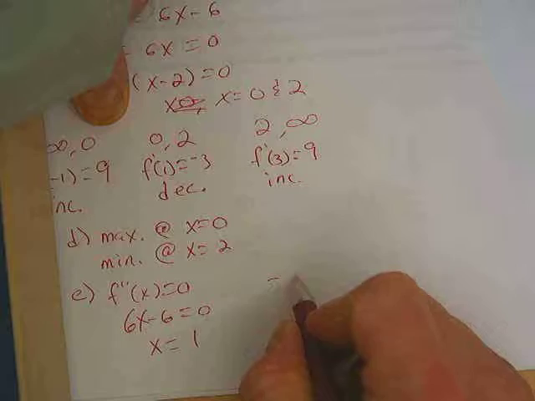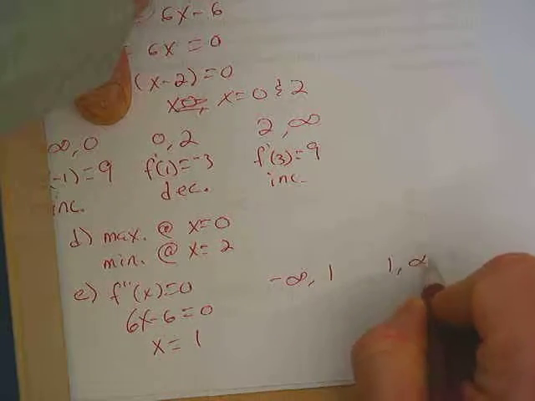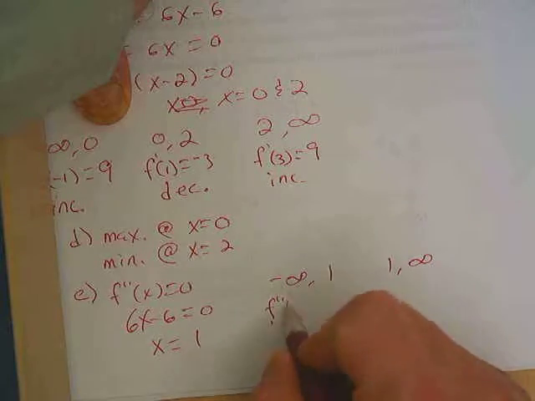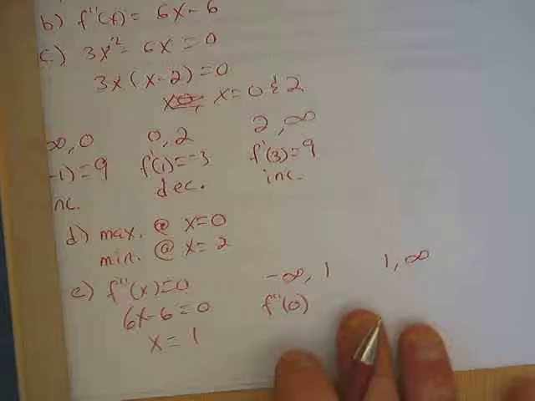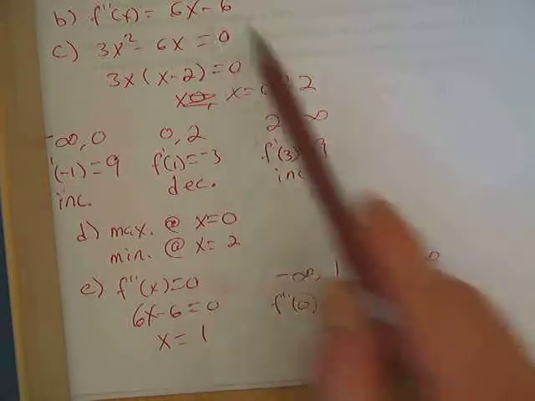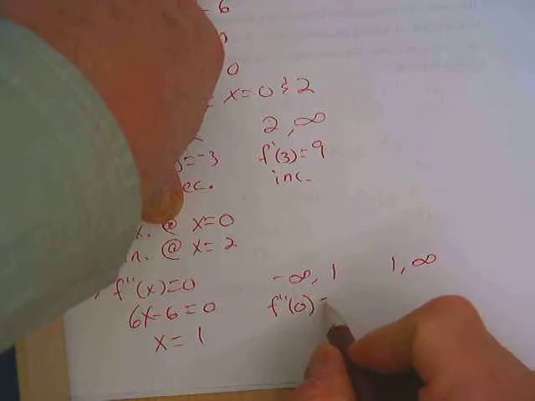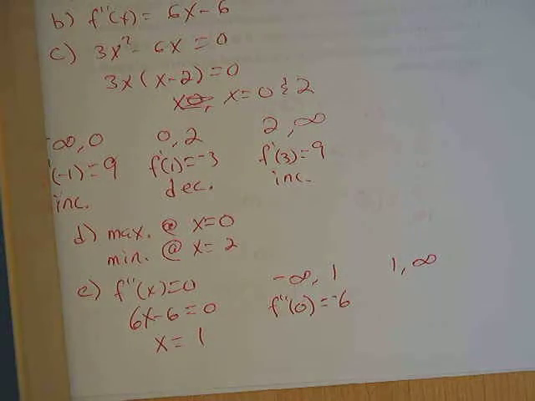Concavity, second derivative. So when I set my intervals up, I'm going to go negative infinity to 1 and 1 to infinity. And I'm going to check f double prime of 0. What is f double prime of 0? Negative 6.